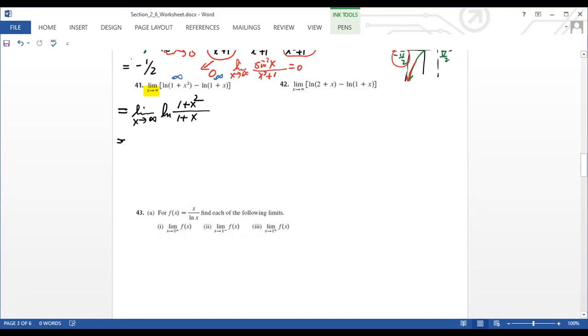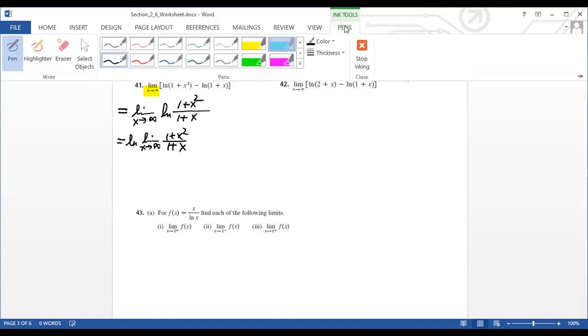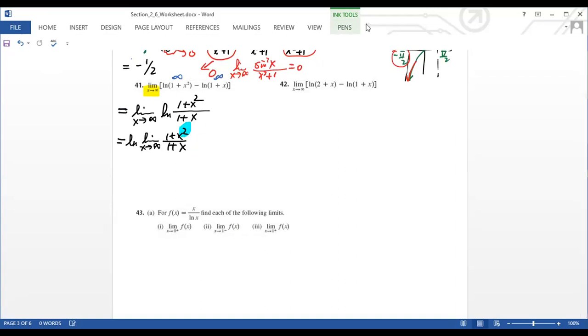Okay, and then by the limit law, we can put the limit inside. Now you see here, right? This is the second power, and the bottom here is the first power, right? So I know the n here is equal to 2, and the m here is equal to 1.